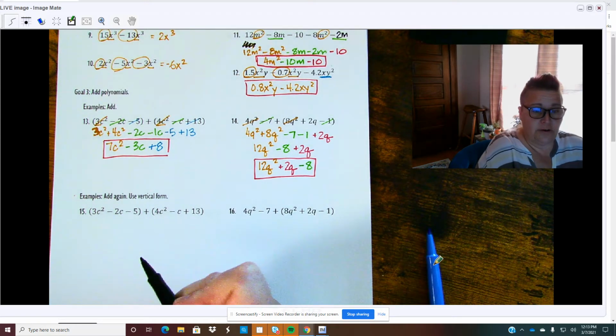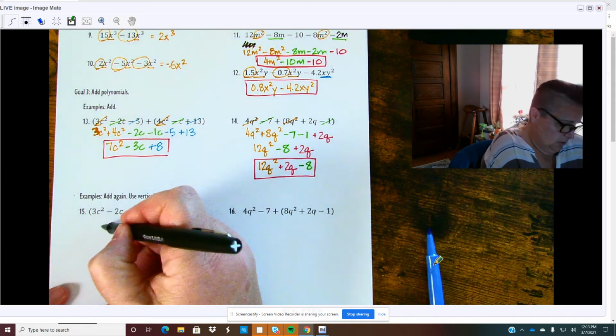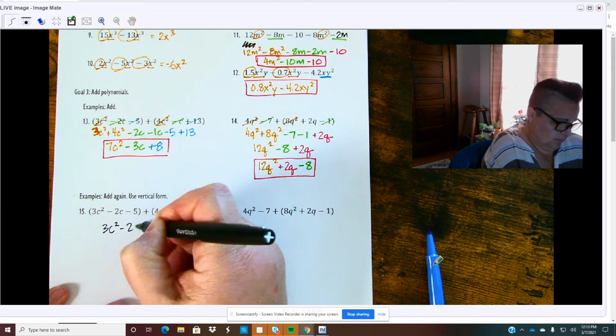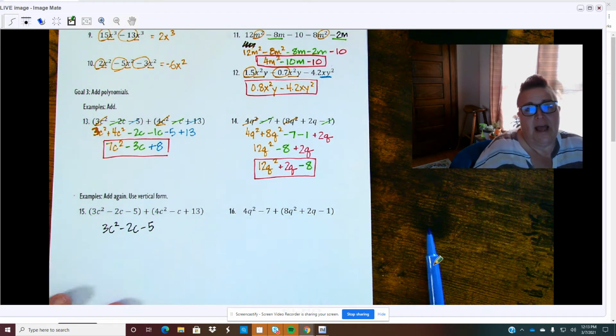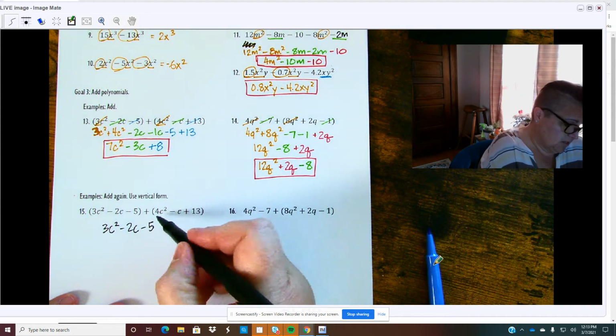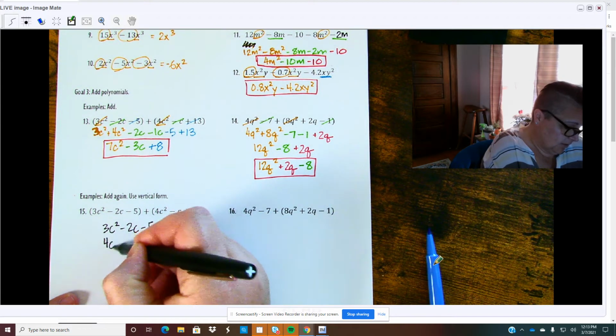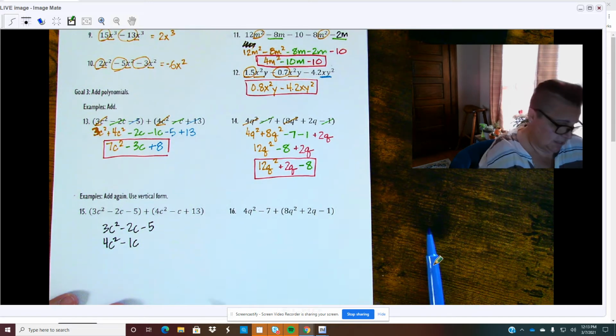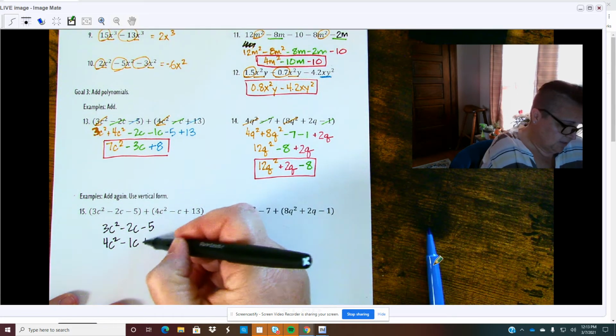So the vertical form just simply means we rewrite the first one, 3c squared minus 2c minus 5. And then, like you used to do with fractions, many of you used to do with fractions, we will now put the like terms underneath each other. So we'll do 4c squared minus, I'm going to go ahead and put the 1 in because I think it's helpful, and then plus 13.